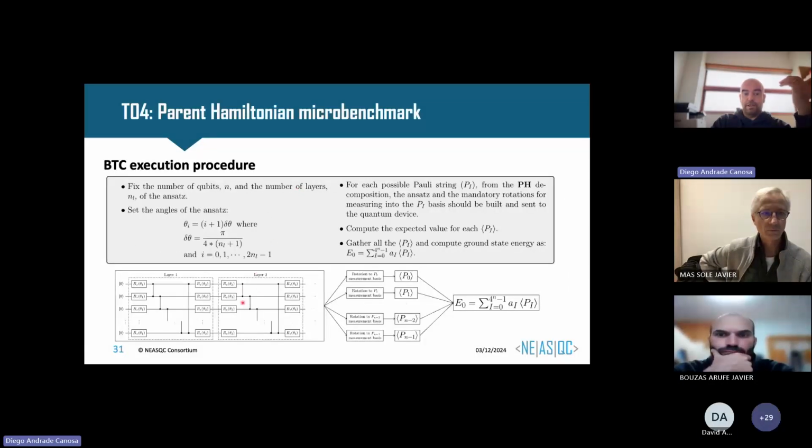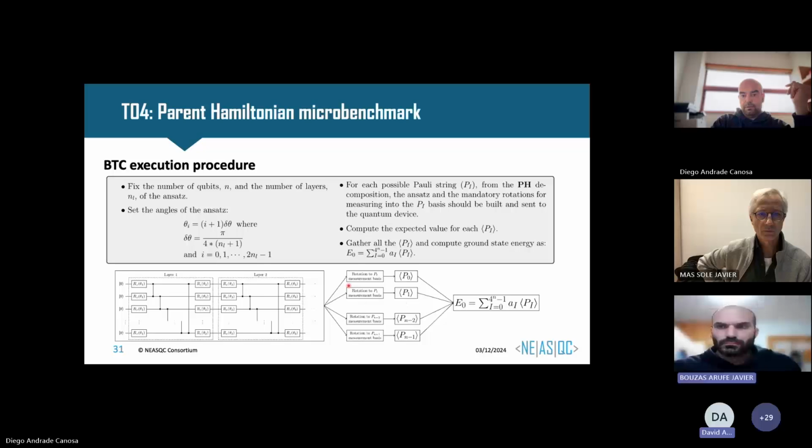For instance, here you can put 2 layers, but you can put 100 layers. Maybe this is something that you want to stress explicitly to a certain extent. So from that point of view, the parent Hamiltonian approach is going to give you a big configurability to be able to modulate the depth of this part of the circuit.